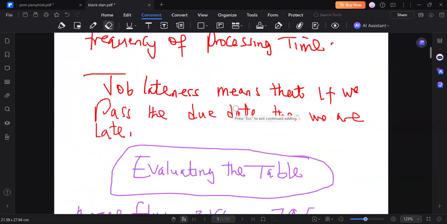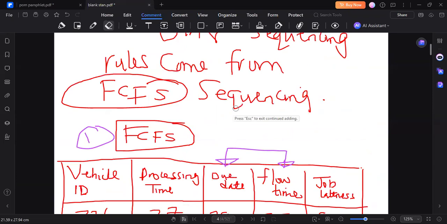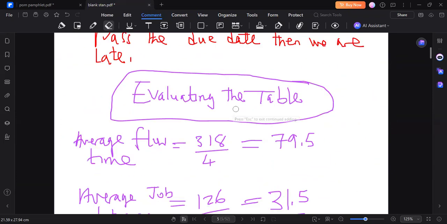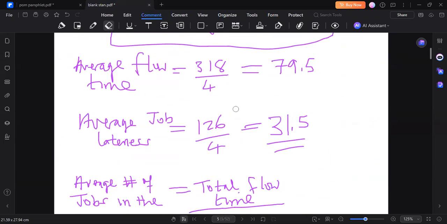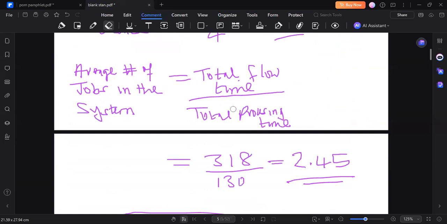Let's go back here. Our first come, first served table is this one: 79.5 for average flow time, 31.5 for lateness, and the other one is 2.45.